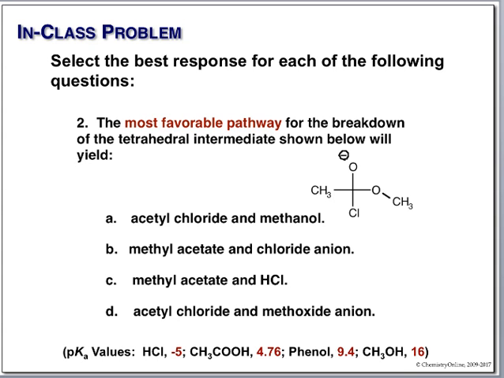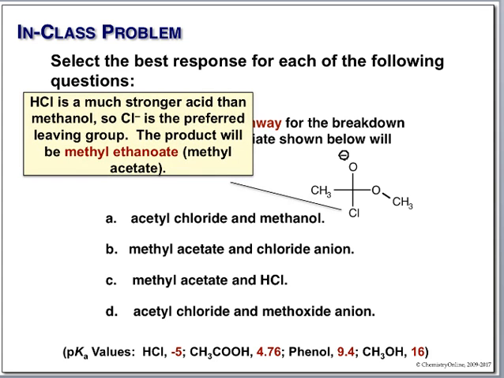Well, we can ignore the methyl group. We have chloride, pKa of -5, and methoxide, pKa of 16. Which is the strongest acid? Lowest pKa, strongest acid, so -5 is going to leave, and we will form methyl ethanoate.